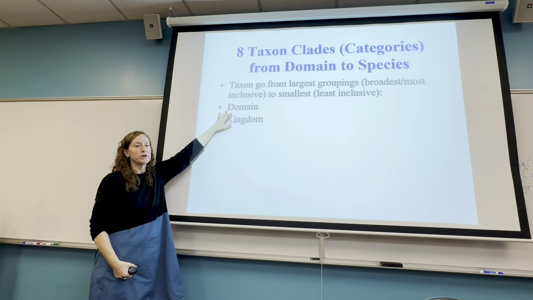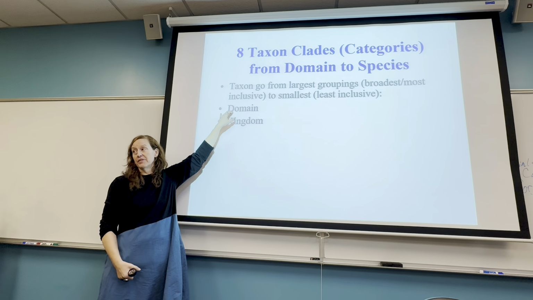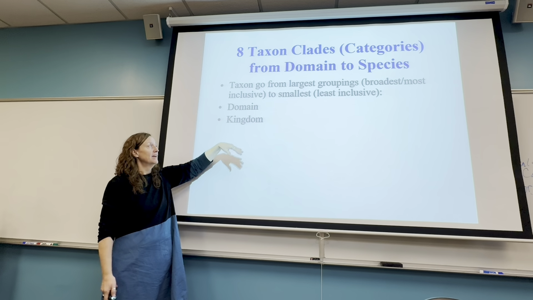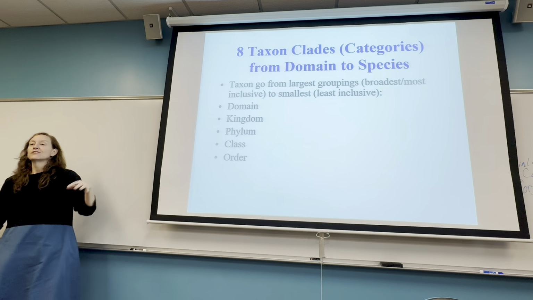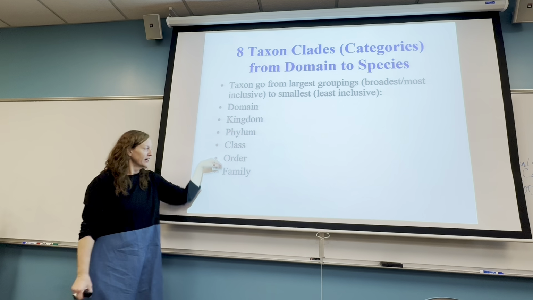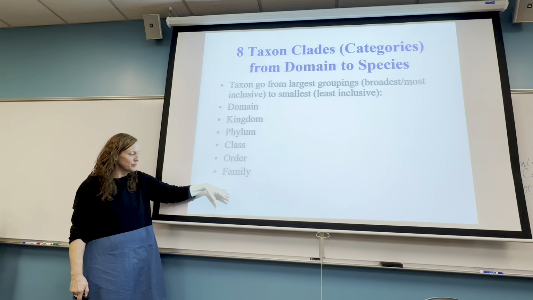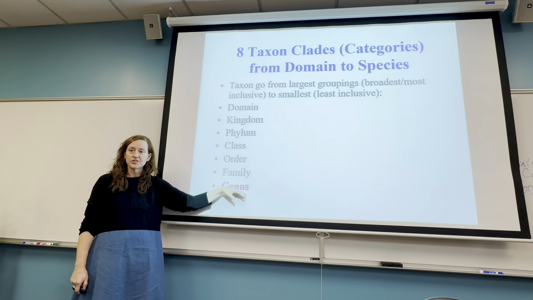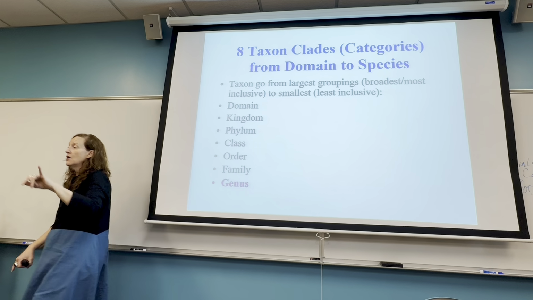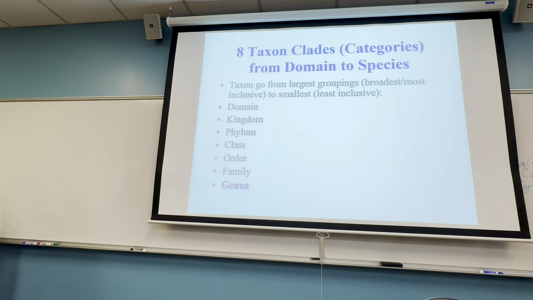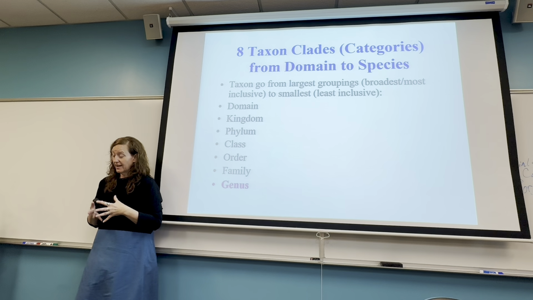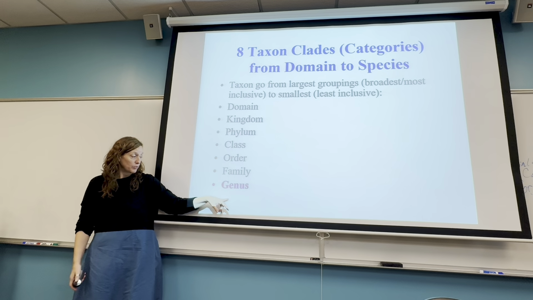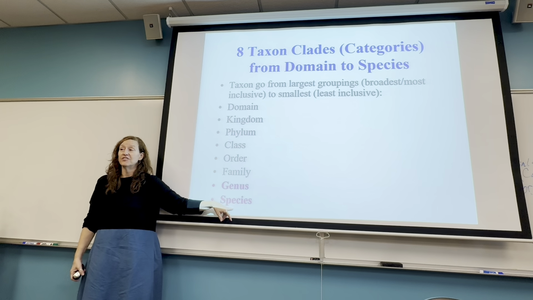You have 3 domains, and then some of the domains will have kingdoms, and then you have phylums, and you have class, order, family, and then we have gotten into a little bit of genus, right? When we're talking about the Homo genus or the Australopithecus genus. And then we get into very much looking at evolutionary relationships when we get to the species level.